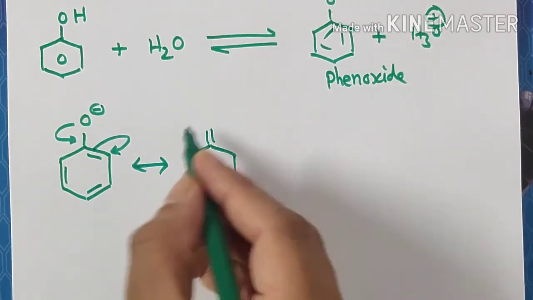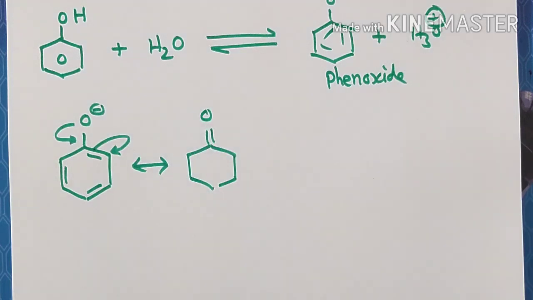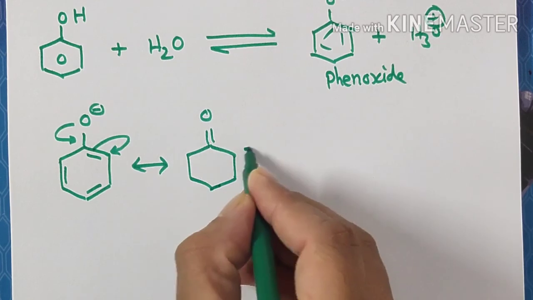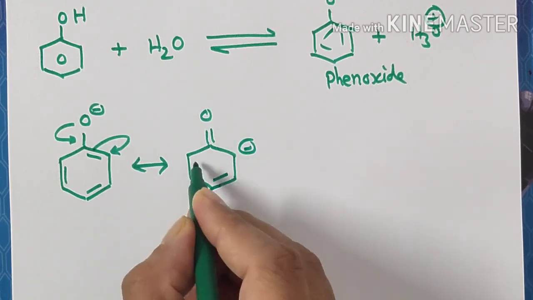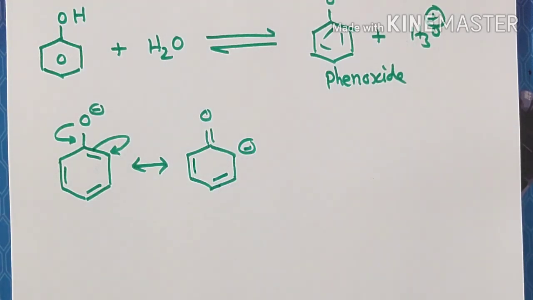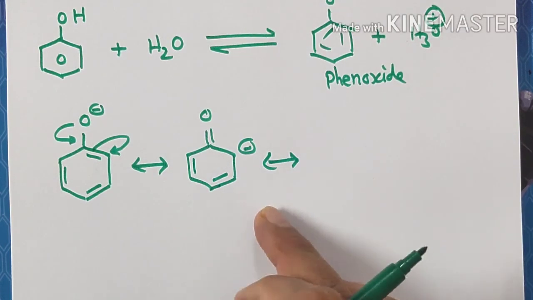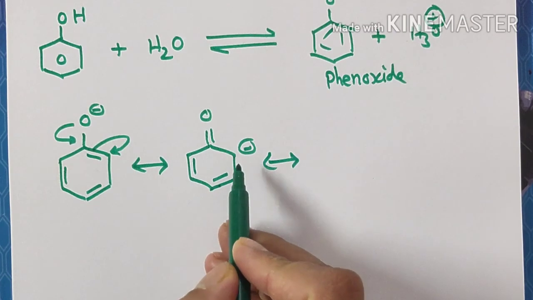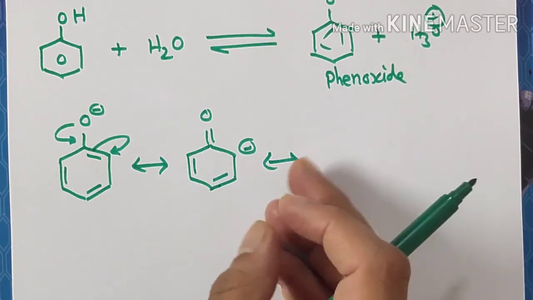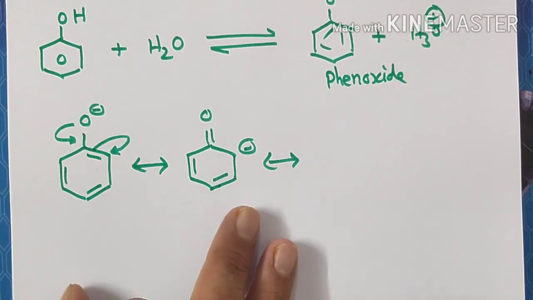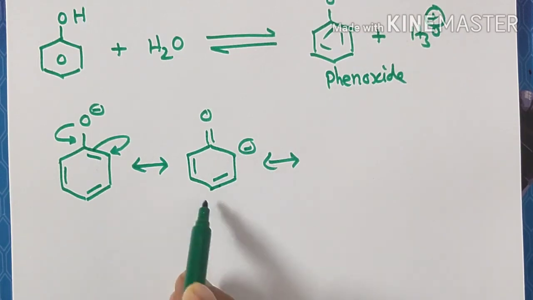Here there's a formation of this structure, with a double bond. The negative charge will come on this, there will be a double bond, right? Same way, I've explained this in detail, student. Now I'm just going a bit fast forward, because we have actually studied this. The negative charge which is here will come on this.